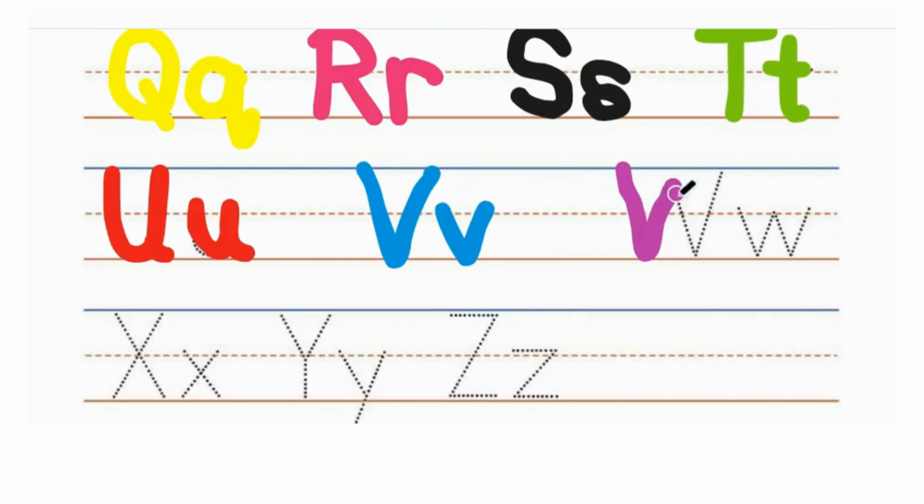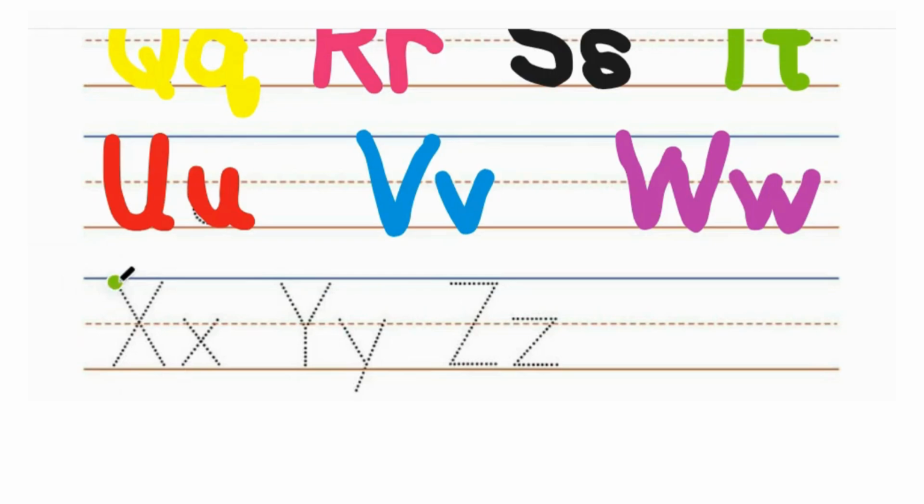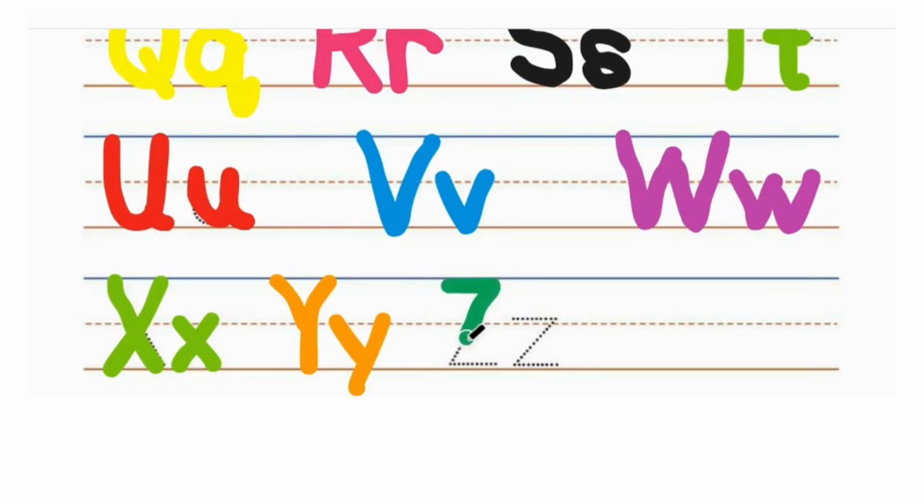Follow me as we write W. Next comes X. Let's write X in capital and small letters. Let's write Y now. Time to write Z, first capital Z, and then small z.